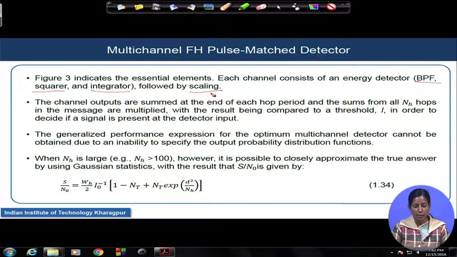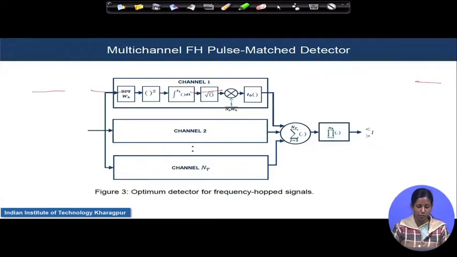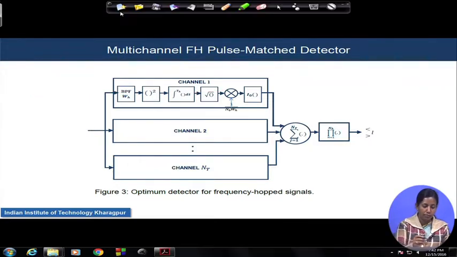Remember one thing: the scaled output of each channel, after their independent detection, is summed up at the end of each hop period, and then summed over all the NH hops, with the result being compared to the threshold. Let us look into the detailed circuitry in figure 3, then we will realize it.